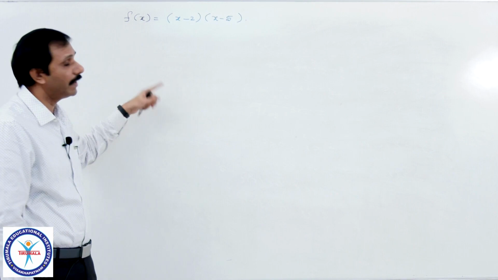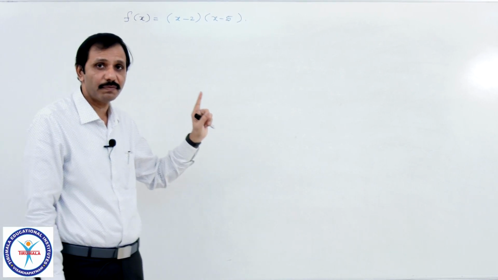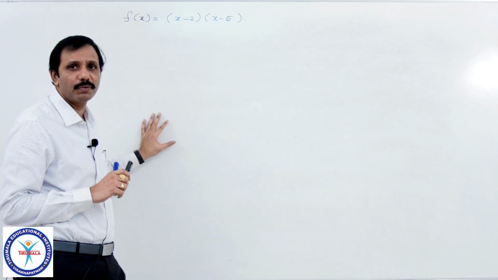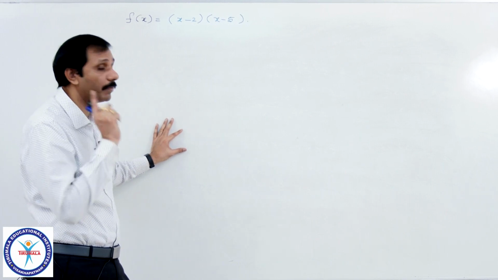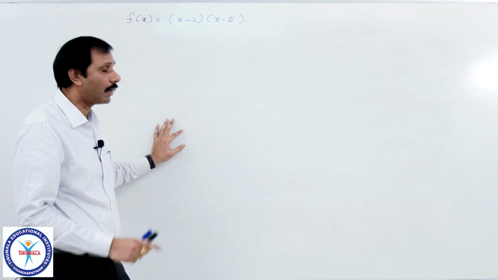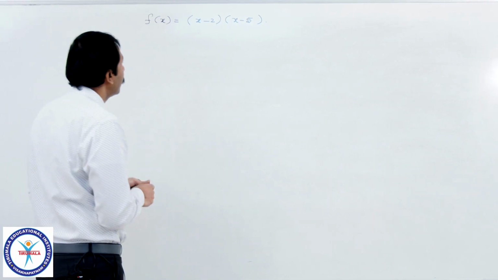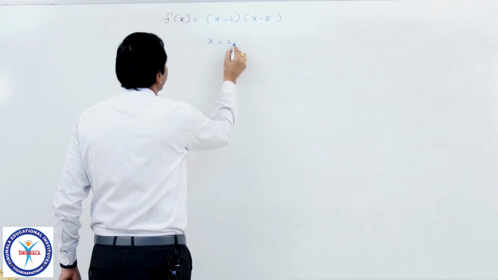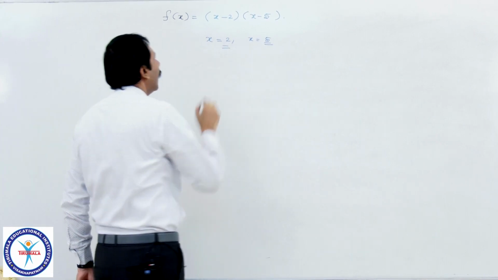This expression, where it is positive, where it is negative and where it is equal to 0, we are going to discuss. So, for any expression, first identify the zeros of that polynomial or roots of that equation. What are the zeros of this polynomial? Zeros of this polynomial are x = 2 and x = 5.